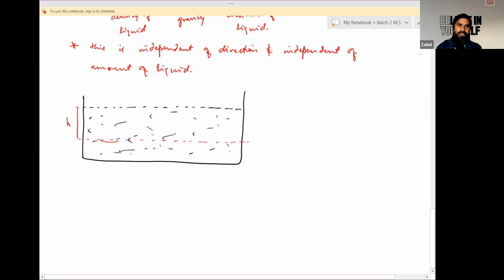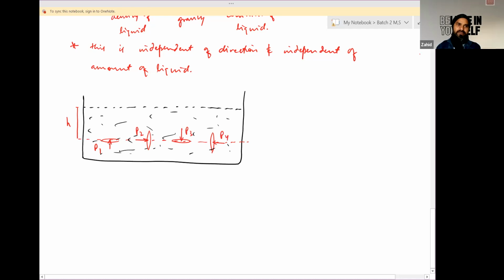So for this cross section, pressure along this direction is P1, along this direction is P2, along this direction is P3, and along this direction is P4.